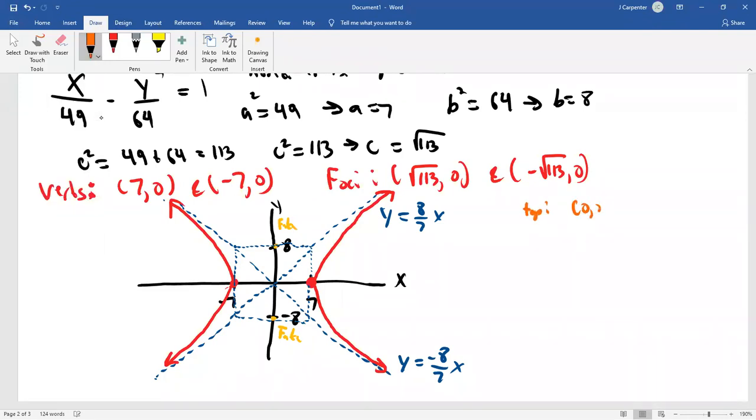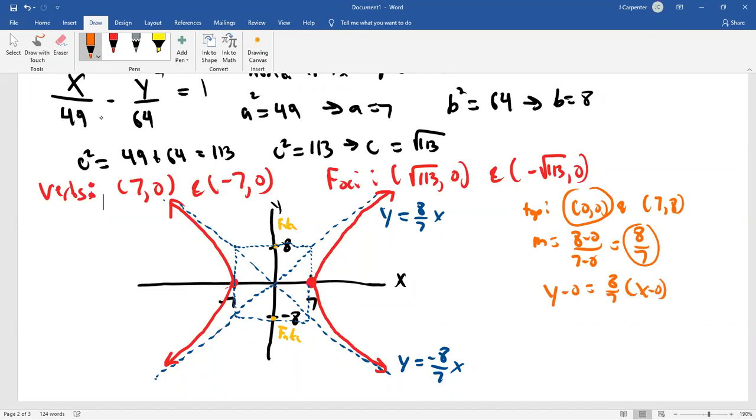You have the point 0, 0 and 7, 8. So the slope is 8 minus 0 over 7 minus 0, which is 8 sevenths. And then let's just use this point and the slope. So y minus 0 equals 8 over 7 times (x minus 0), which is just y equals 8 sevenths x. So that works. The same derivation can be used to find that one.